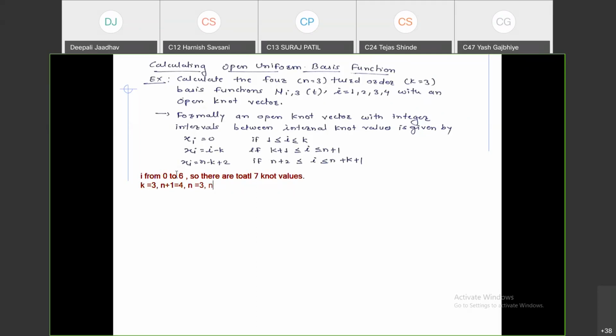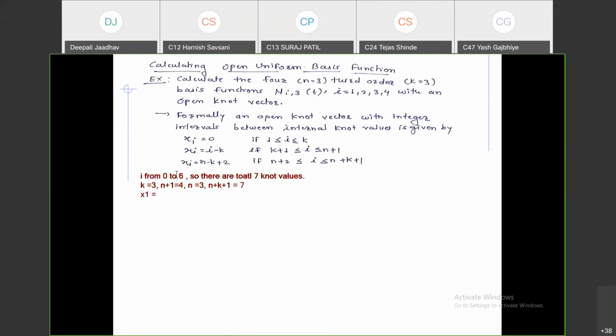So what is n plus k plus 1? n is equal to 3, k is equal to 3, so it is 7. Now one by one I am going to write. 1 to 7 knot values we have to calculate. So first x1 is equal to.